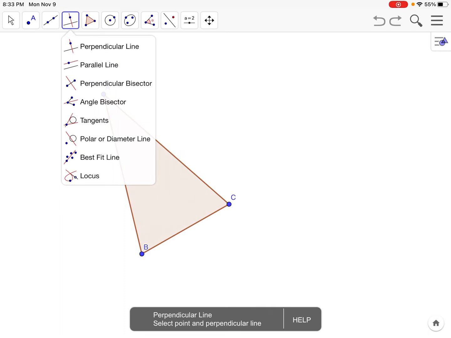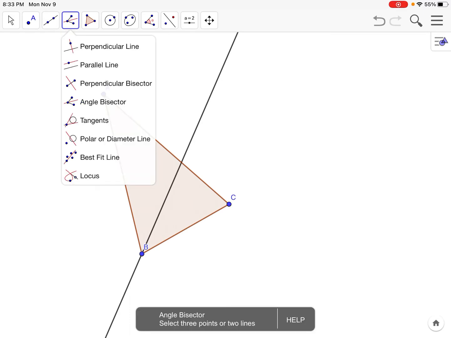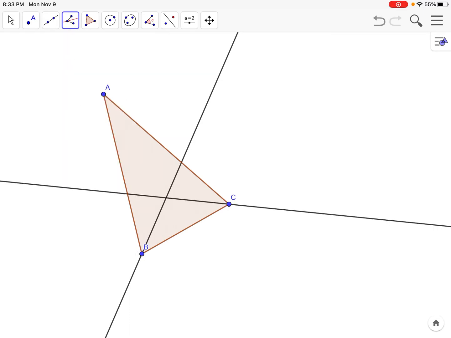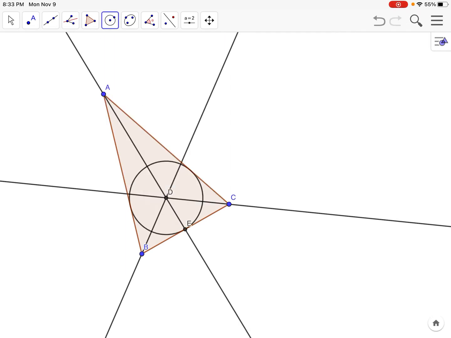So I'm just going to show you really quickly the angle bisectors. So here's one angle bisector. And then we have the second angle bisector, and then we have our third angle bisector. What you'll notice is all of the angle bisectors, so it has 3 angles, so I can bisect 3 angles. They all meet at this certain point. This point is called the incenter. So the incenter is actually equidistant from the sides.